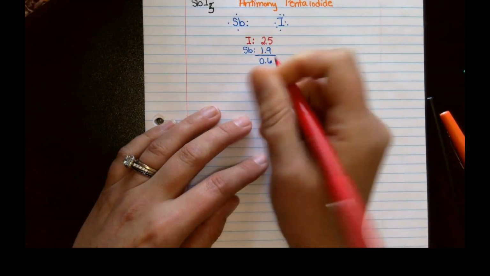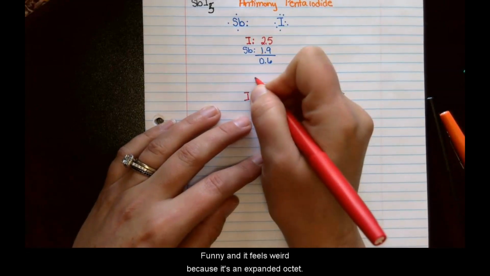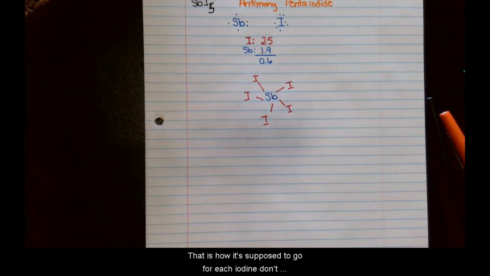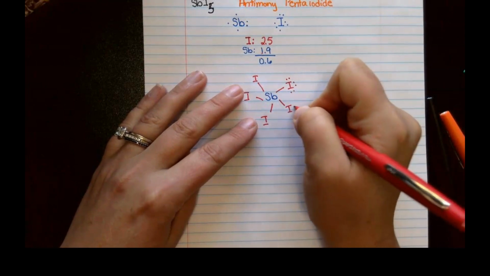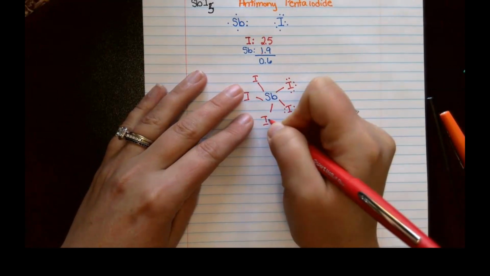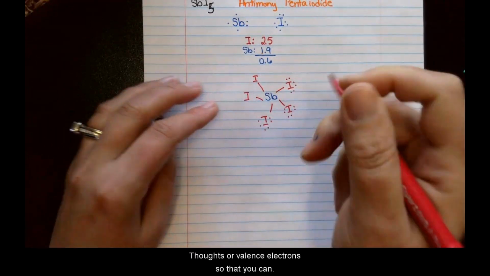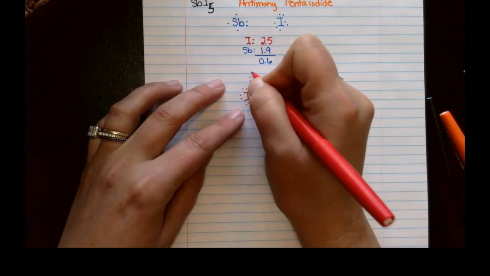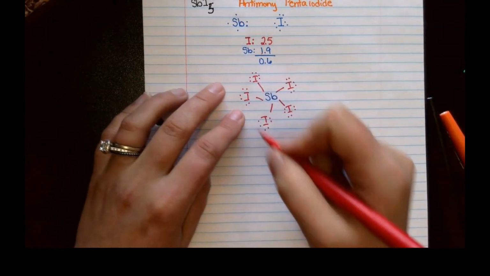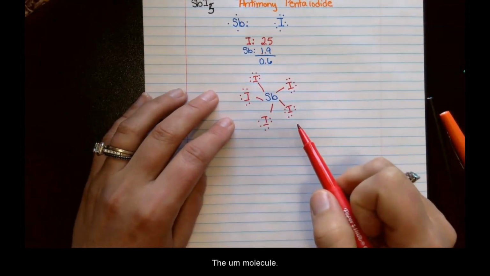I know this feels funny and weird because it's an expanded octet, but that is how it's supposed to go. For each iodine, don't forget to draw in your extra Lewis dots or valence electrons so that you can represent every single electron in the molecule.